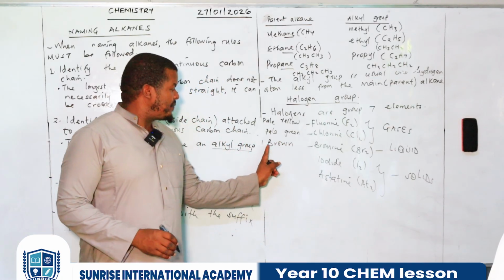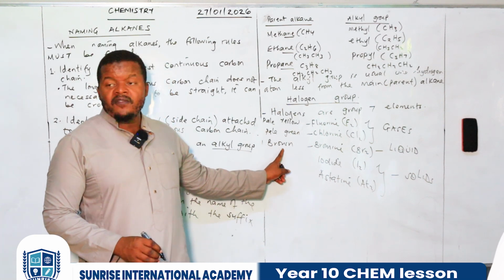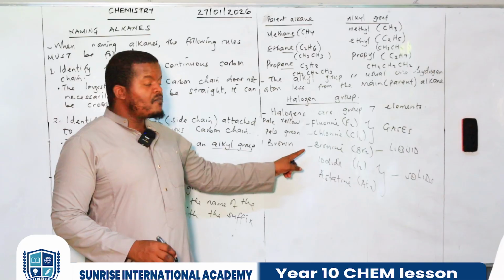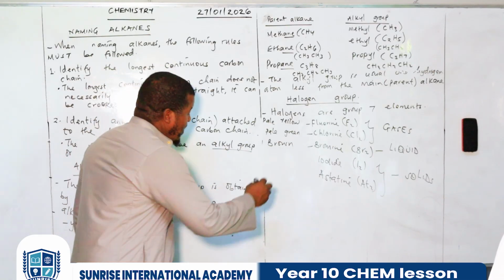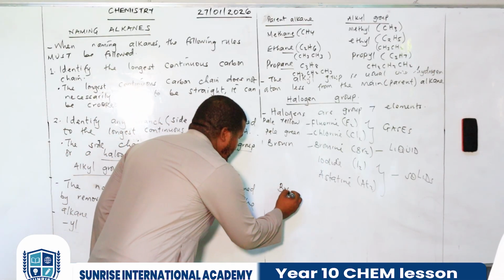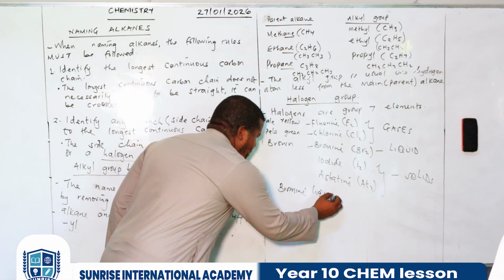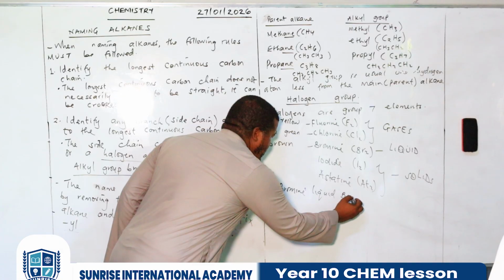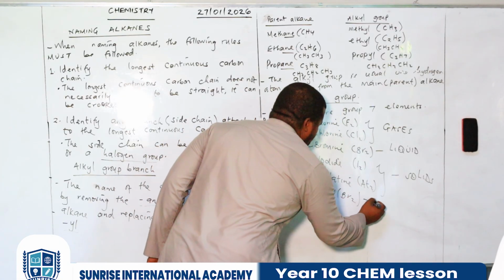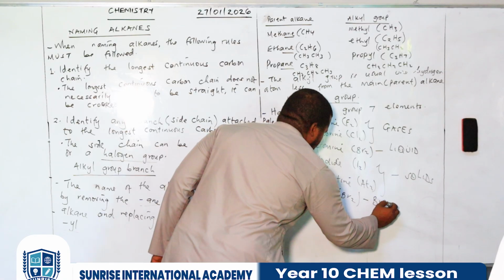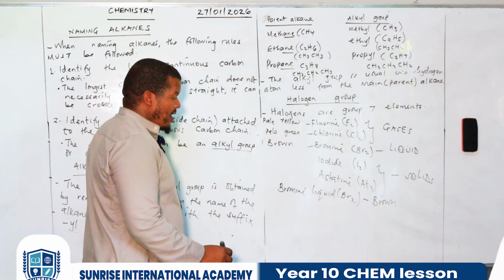I should, at this juncture, emphasize that there's a difference between bromine liquid and bromine water. Bromine liquid, Br2, is brown in color.